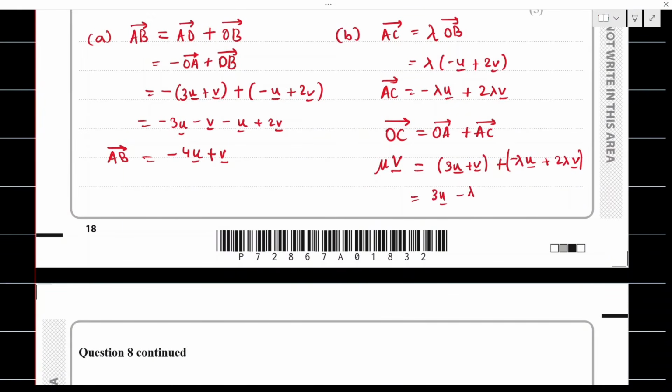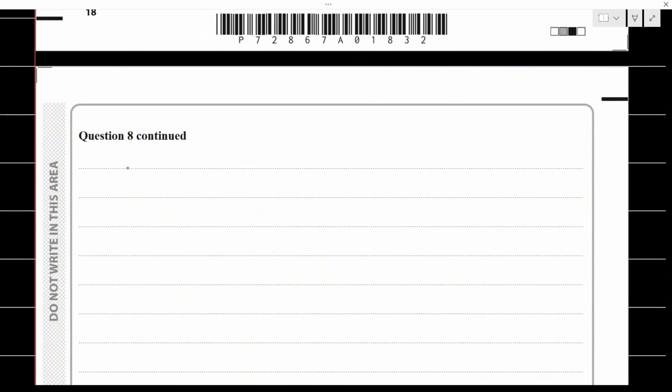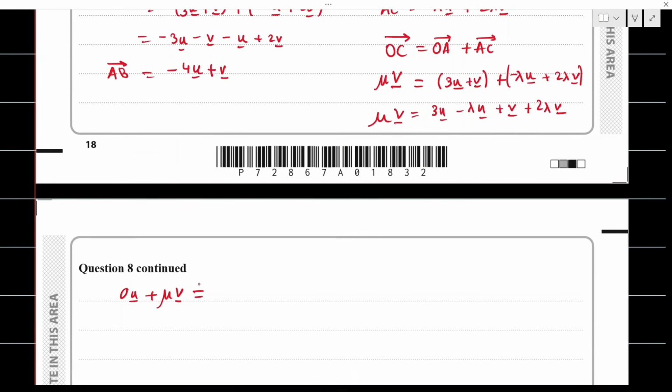So 3u minus lambda u plus v plus 2 lambda v equals mu v. I can write mu v as 0 u vector plus mu v vector. I can write the left hand side like this. The reason we're writing like this will be clear in just a moment. So if I simplify the left hand side, I can write (3 minus lambda) u vector plus (2 lambda plus 1) v vector.